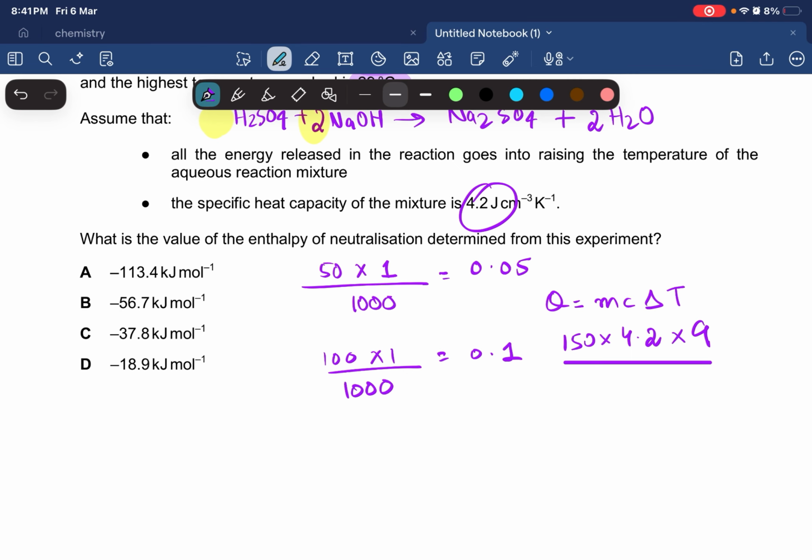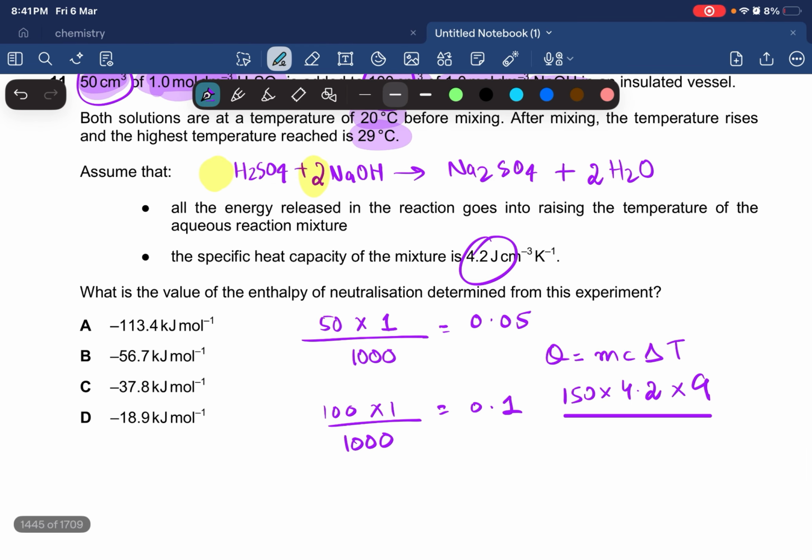Since both of them have equal moles, no one is the limiting reactant. Both of them can be entirely used up. So I'm going to take the moles of sulfuric acid then, I think. So 150 into 4.2 into 9 gives me 5670, and if I divide it by 0.05, I get a lot of moles.